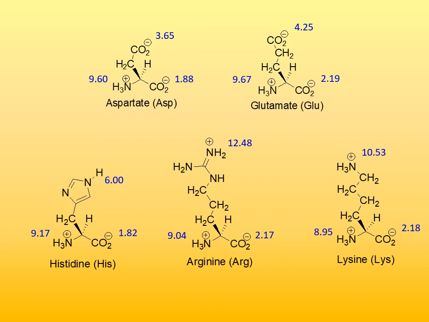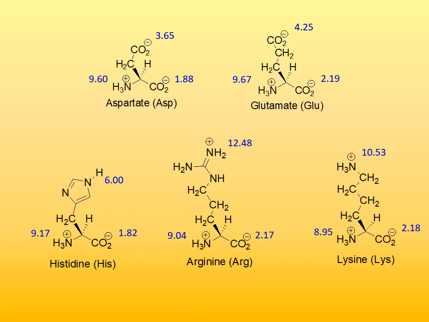So you can notice some trends. You will note that in the case of acidic amino acids, the carboxylate group of the actual amino acid has a lower pKa value compared to the carboxylate group of the side chain. And that's because of the inductive effect of the neighboring ammonium group, ammonium substituent.